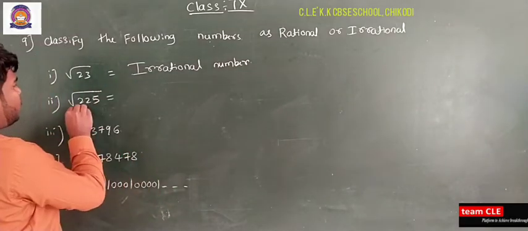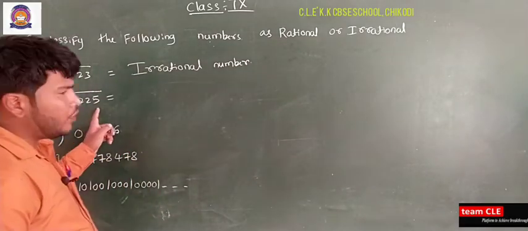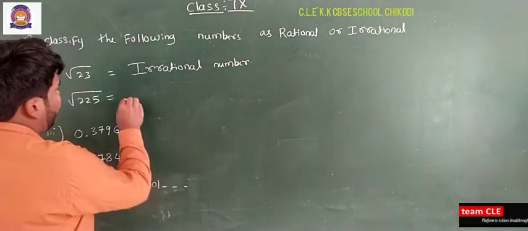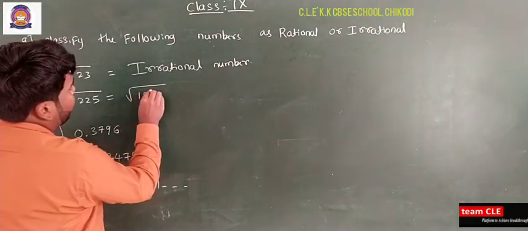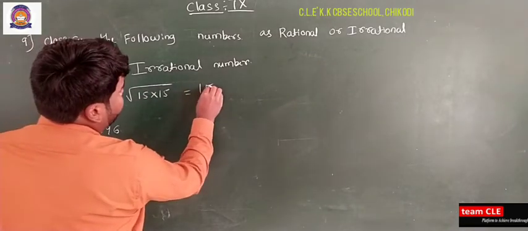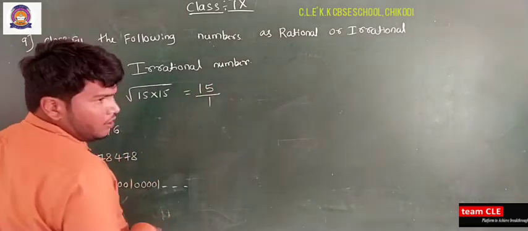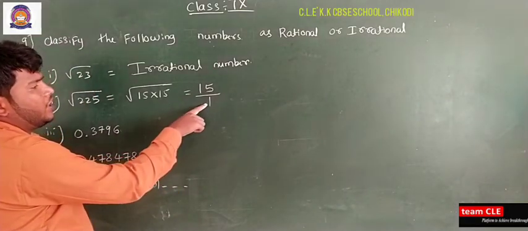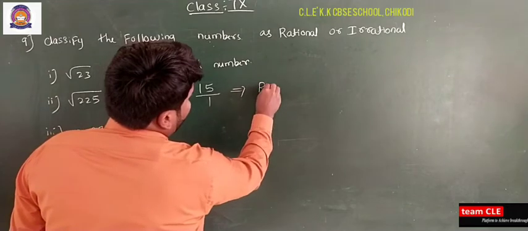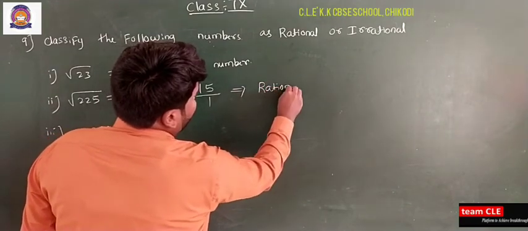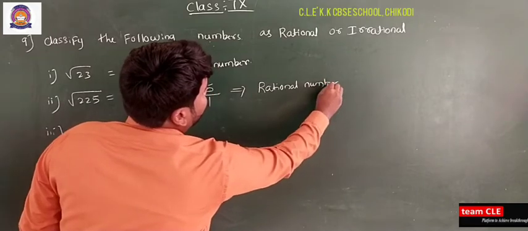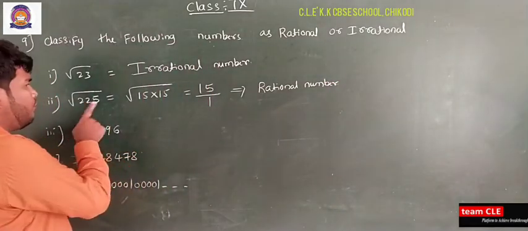Next, root of 225. 225 is a perfect square, so root of 225 is 15 into 15, two pairs of 15, and the answer is 15, which is 15 by 1. This is an integer and can be expressed in rational form, so it is a rational number.